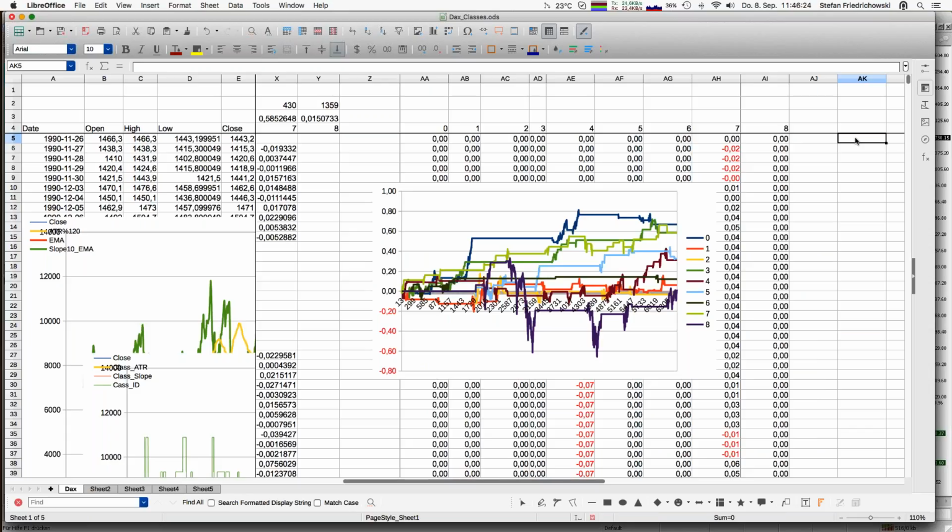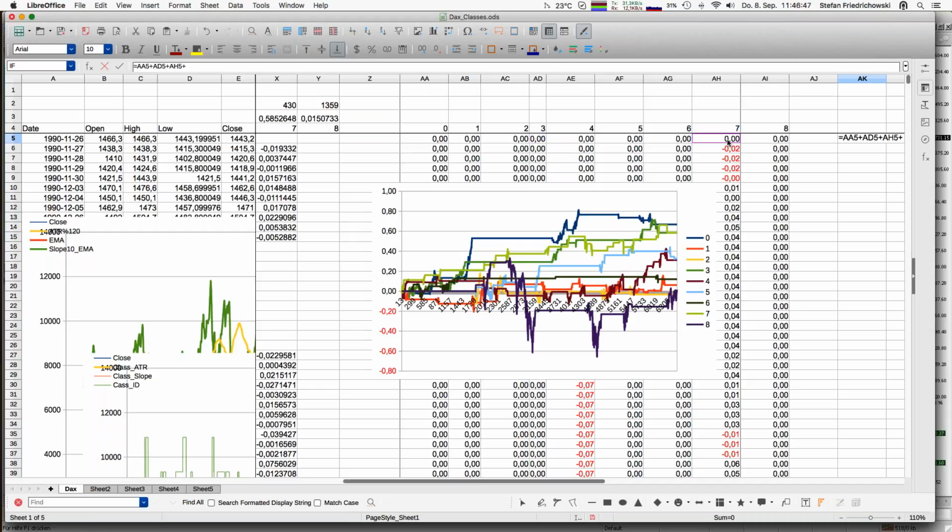Those classes have been, in this case, class number 0 was good, class number 3, that is this one, and class number 7 was good.